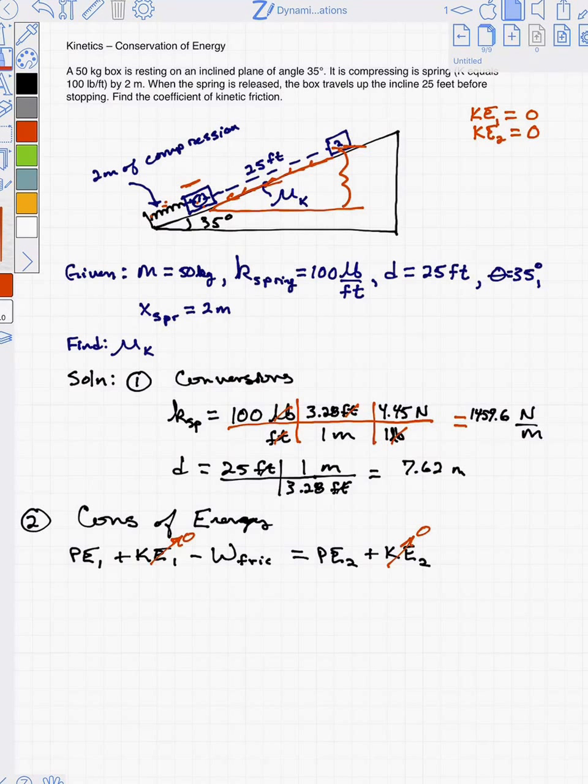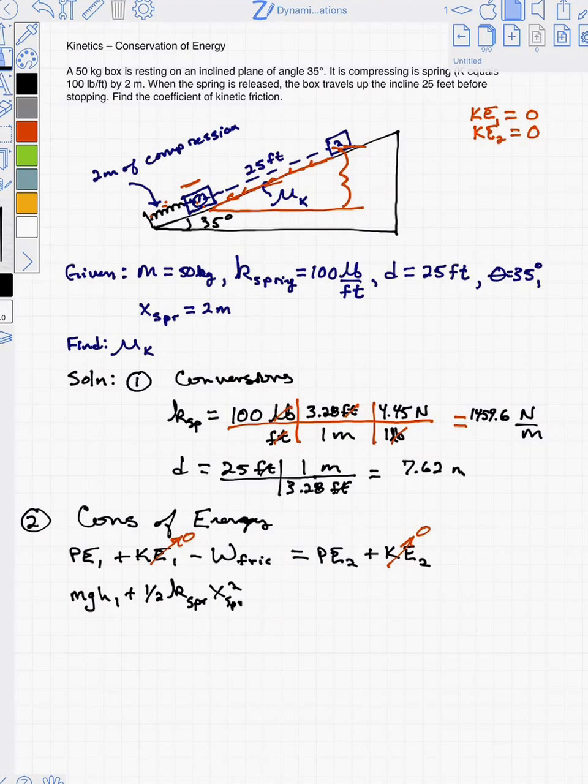So we'll go to the next step now, which is to put in the equation for potential energy, mgh1, plus there's a spring here, so 1/2 k spring times the spring compression squared.